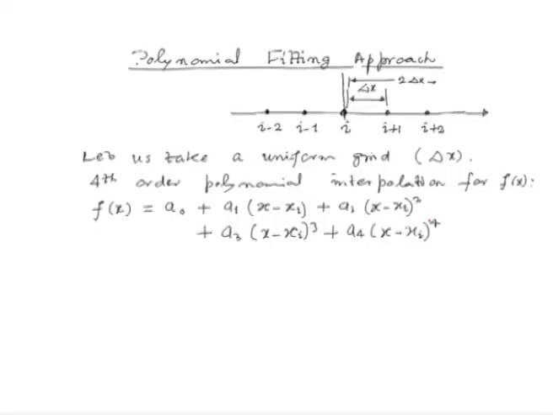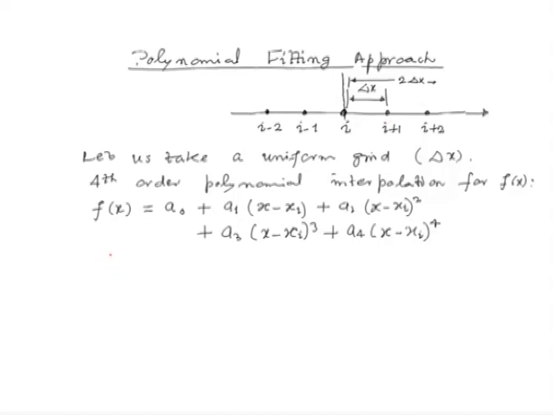So, I have taken a fourth order polynomial. Now, let us equate this interpolation to the function values at points i+1, i-1, i+2 and i-2. So, let us do it one by one.